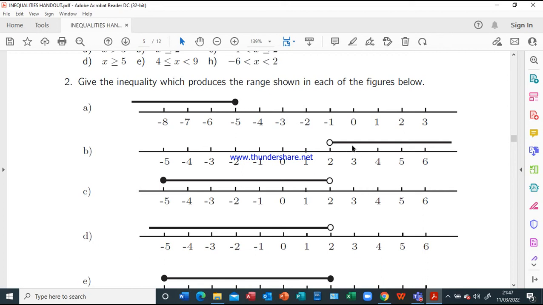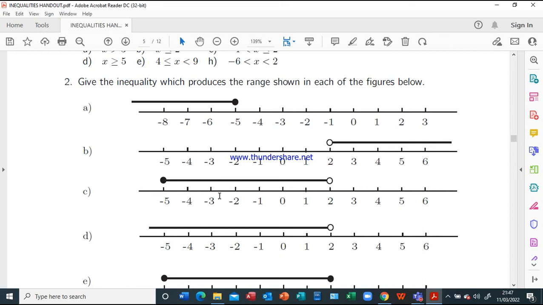How about B? B is x is greater than 2. That is very good. I'm going to skip C for now.